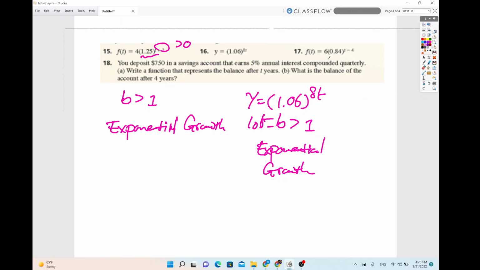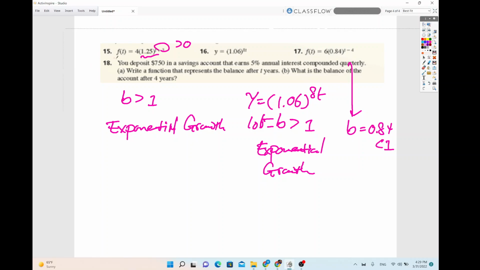So most likely this one is going to be considered exponential decay, because the base here is 0.84, which is less than 1.